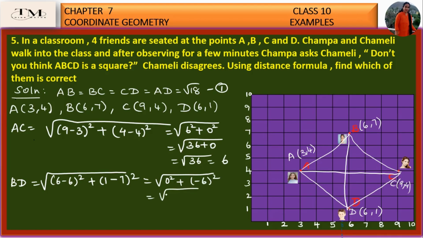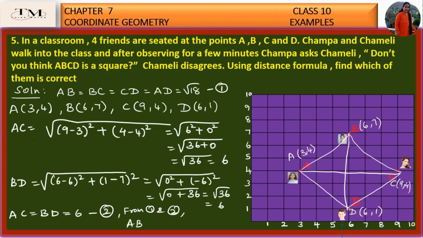So 0 square is 0 plus minus 6 whole square. So minus square is positive, 6 square is 36. 0 plus 36 is 36, square root of 36 is 6. So we get AC is equal to BD is equal to 6. So this is 2. So from 1 and 2 we can say that ABCD is a square.